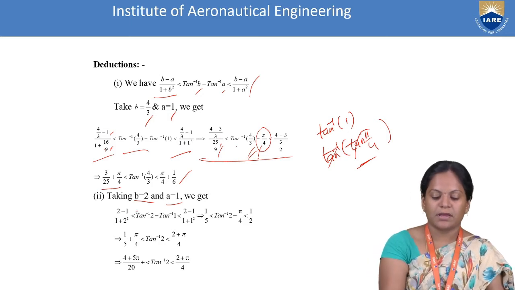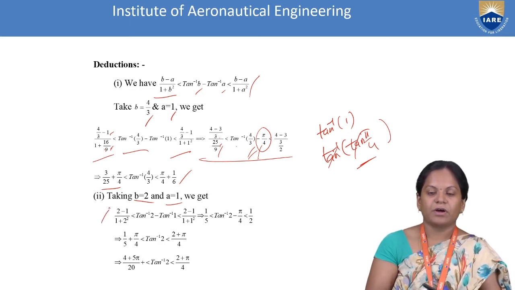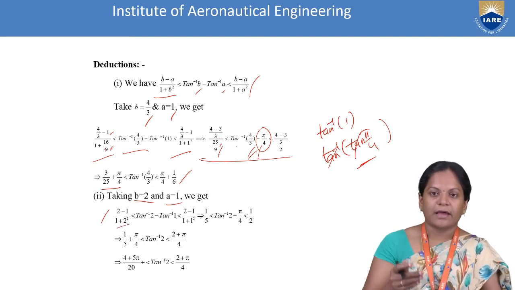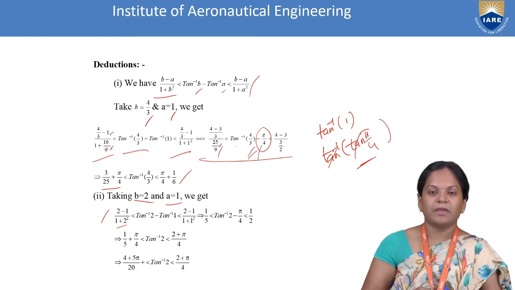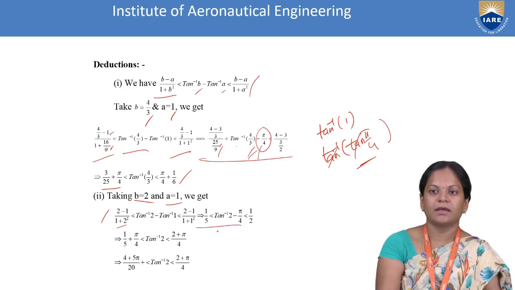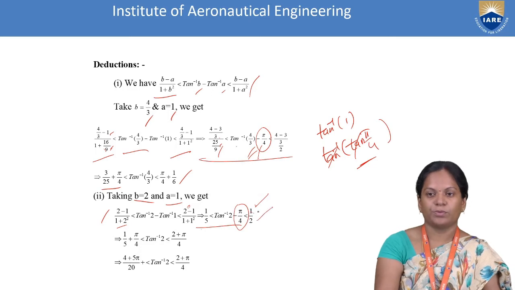So b minus a, 2 minus 1, by 1 plus b square, nothing but 1 plus 4, is less than tan inverse of b minus tan inverse of a, which is less than b minus a by 1 plus a square. So 2 minus 1 is 1, by 5, less than tan inverse of 2 minus tan inverse of 1, which is pi by 4, less than 2 minus 1, which is 1, by 1 plus 1 square, which is 2.